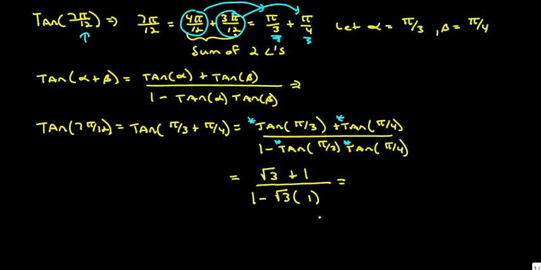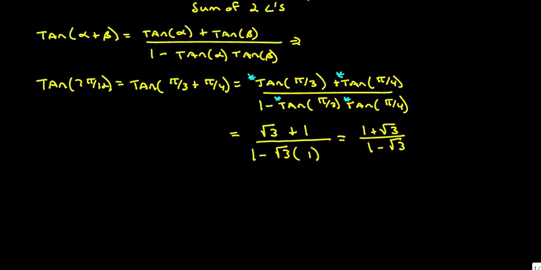Let's make this look a little bit better. The numerator, you could leave as square root of 3 plus 1. I'm going to write it as 1 plus the square root of 3 because I like the square roots in the back, and addition is commutative, so the order doesn't matter. On the bottom, square root of 3 times 1 is square root of 3, so I've got 1 minus the square root of 3.